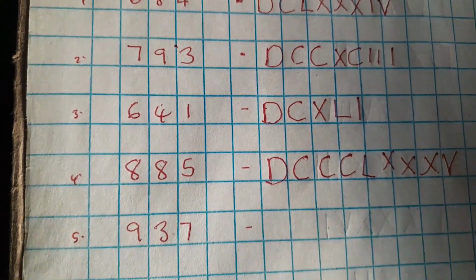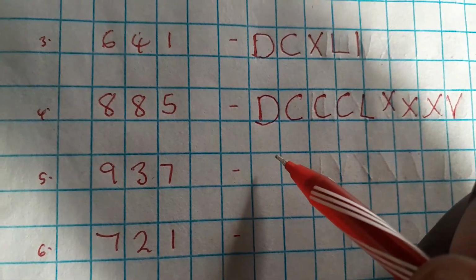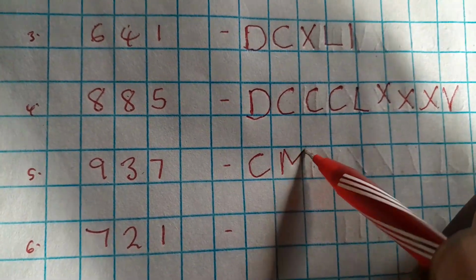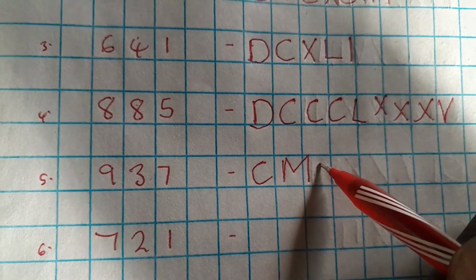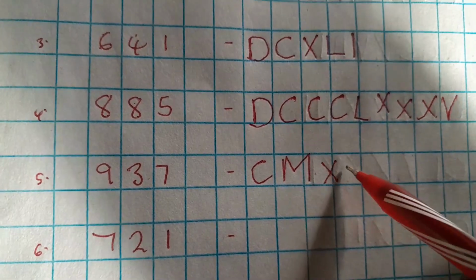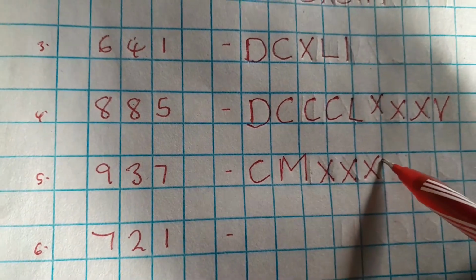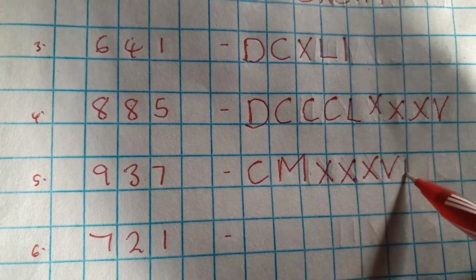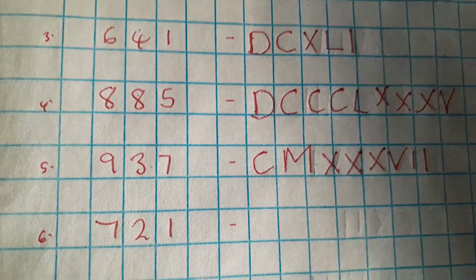Okay. Now let's move on. 937. Let's first write our 900. 900 is C, M. We have our 900. Now let's write 37. This is pretty easy. 37 is X, X, X, V, I, I. We have our 937 there.